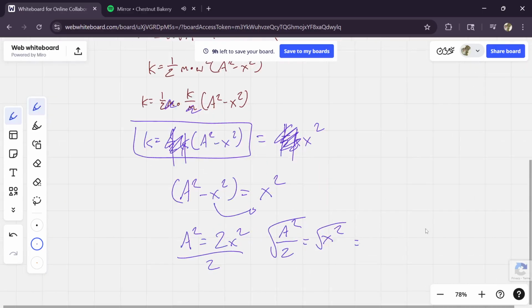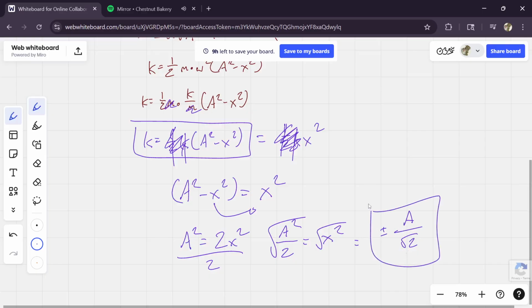Because we square rooted that, it's plus or minus. So it's going to be A over square root 2, plus or minus. If you square root the whole thing, this becomes A, and this becomes square rooted. So it's going to be plus or minus A over square root 2.